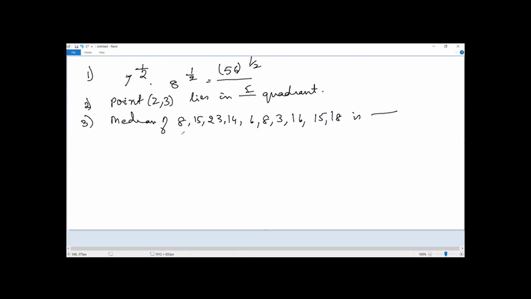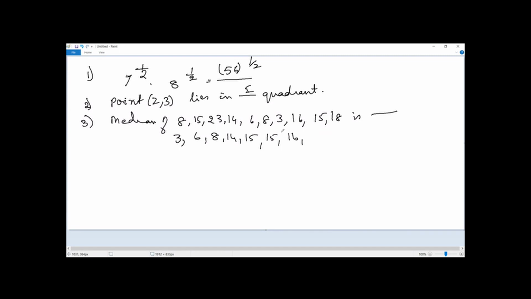So you start from the smallest, which is 3. Then it is 6. Then 8, 14, 15, 15. Then 16. First you write it in ascending order.